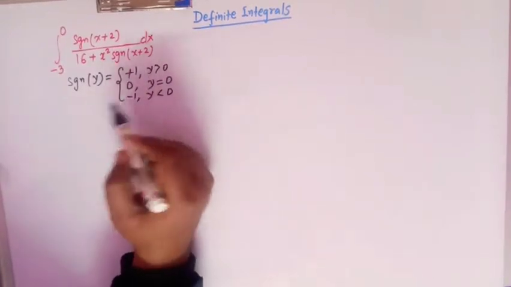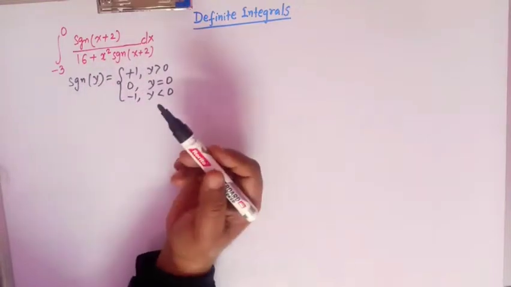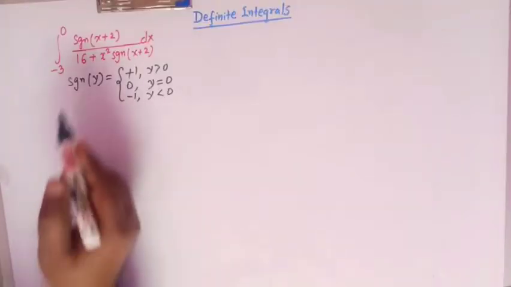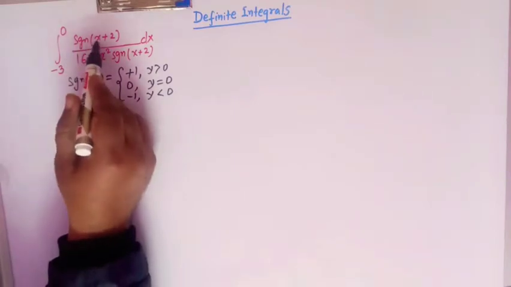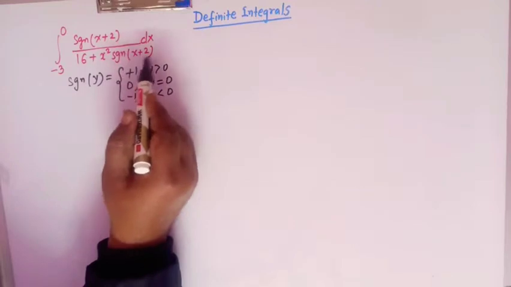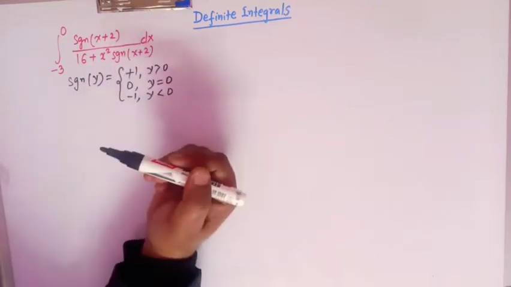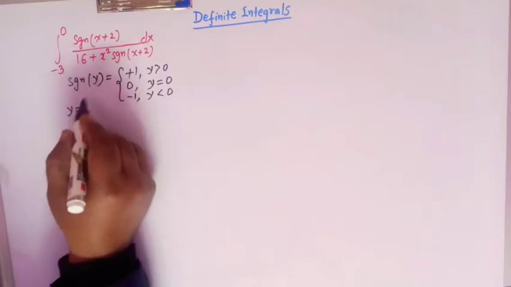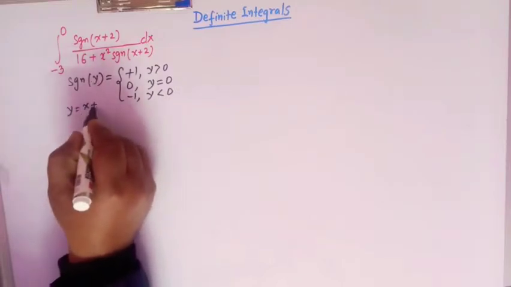This is the standard definition of the signum function. Here we have signum of (x+2) in the numerator and in the denominator, so let us replace y by x+2.